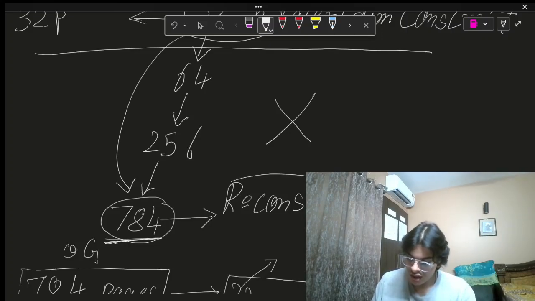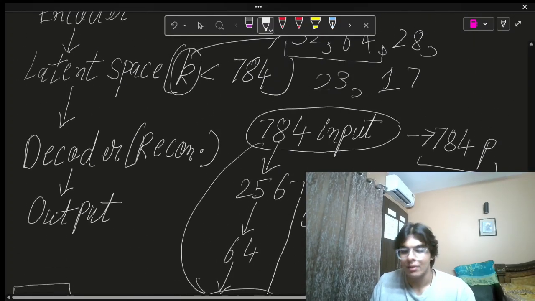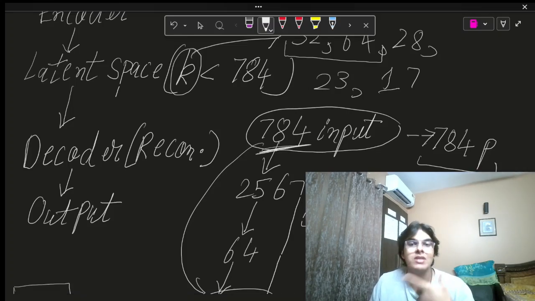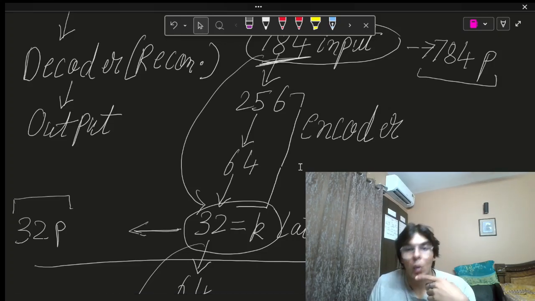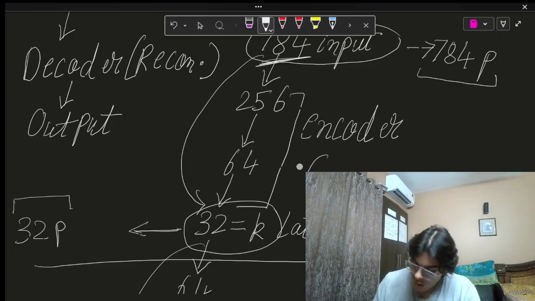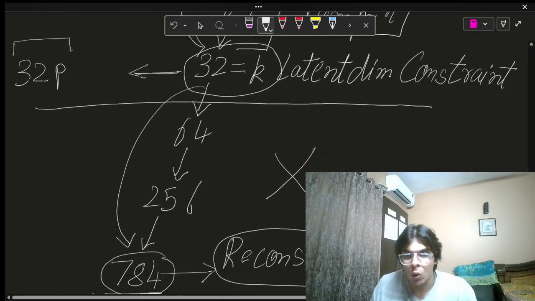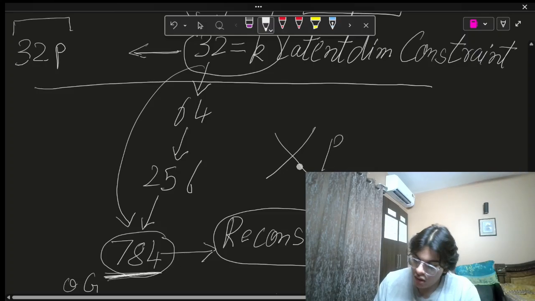This is the reconstructed image, and now we can say the reconstructed image is 784 and the original image also has 784. So now you can compare the original image with the one that I reconstructed to decide whether our non-linear autoencoder did a good task at reconstructing the data. So the encoder here is basically doing the task of compression, data compression, and the decoder is doing the task of reconstruction.